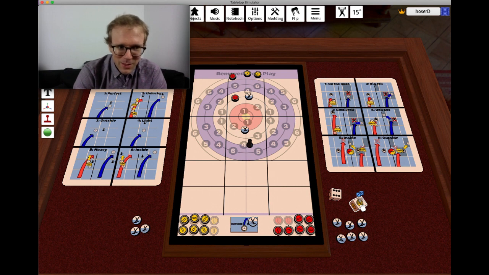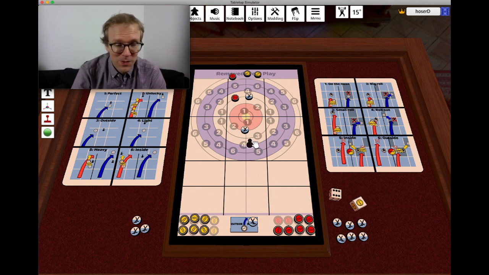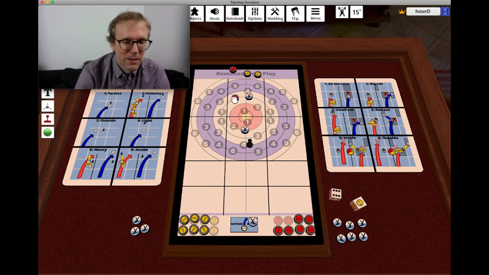Just because you made the shot doesn't mean this necessarily works out for you, right? In this situation, if red wins this toss, red wants nothing else to be hit. If yellow wins this toss, yellow probably wants to remove that red stone, right? So you hit the stone you wanted to hit, but you ran it back into your own stone, and you threw so much weight that everything's knocked out.